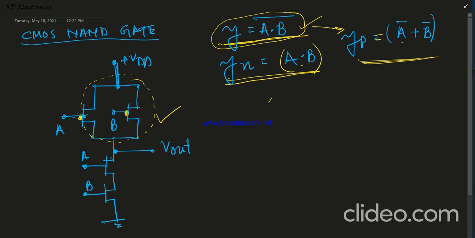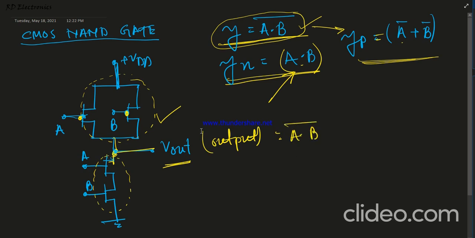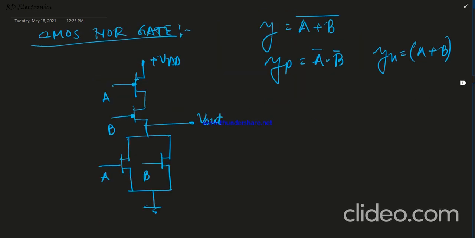Okay, and a dot b, that means this a input, one NMOS and another NMOS are connected in series, that means they are in an AND operation, and their two drain terminals are short circuited together and one common output is present, which is known as the output terminal. Okay, so from here we get the output, and the equation is y equals a dot b whole bar. So that is the method of the CMOS NAND gate circuitry.